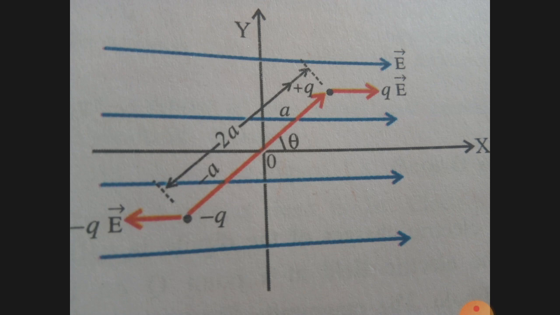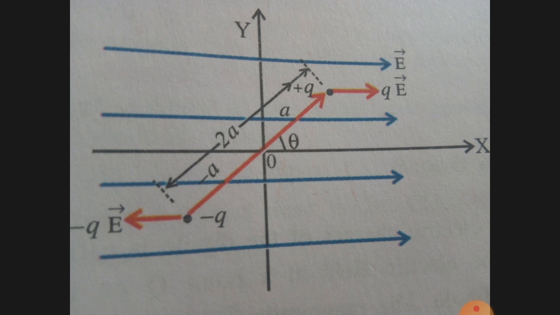The simplified form is 2aq cross E. Again I repeat, equal to 2aq cross E, or it can also be written as 2qa cross E. And now 2qa equals small vector p, cross vector E.